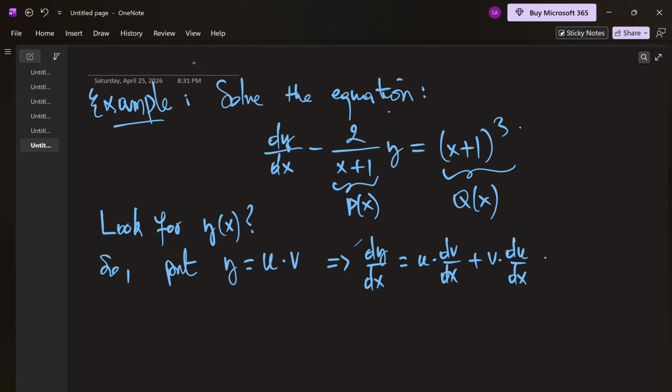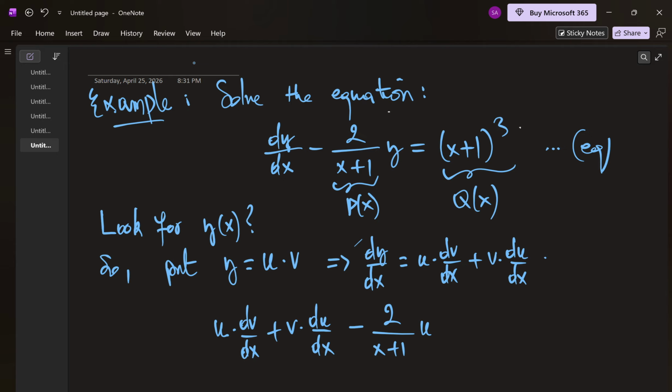Now we replace such functions, the derivative of y over x, into our equation. We get u times dv over dx plus v times du over dx minus 2 over x plus 1 times u times v is equal to x plus 1 to the power 3.